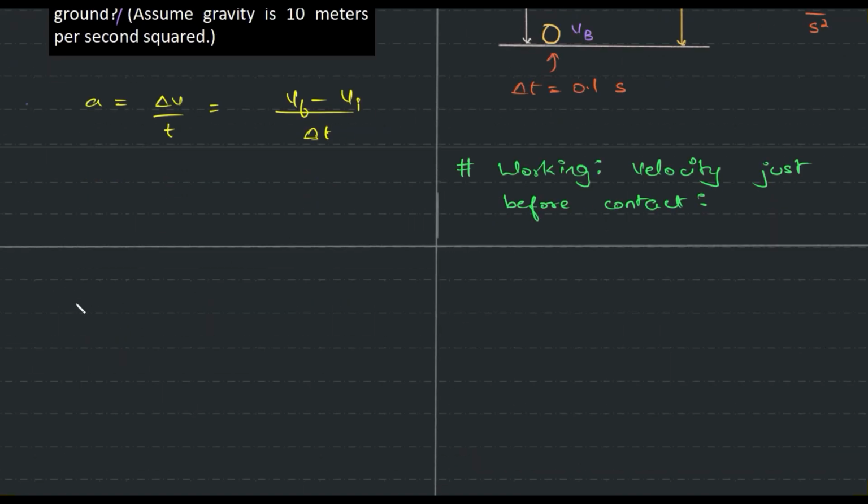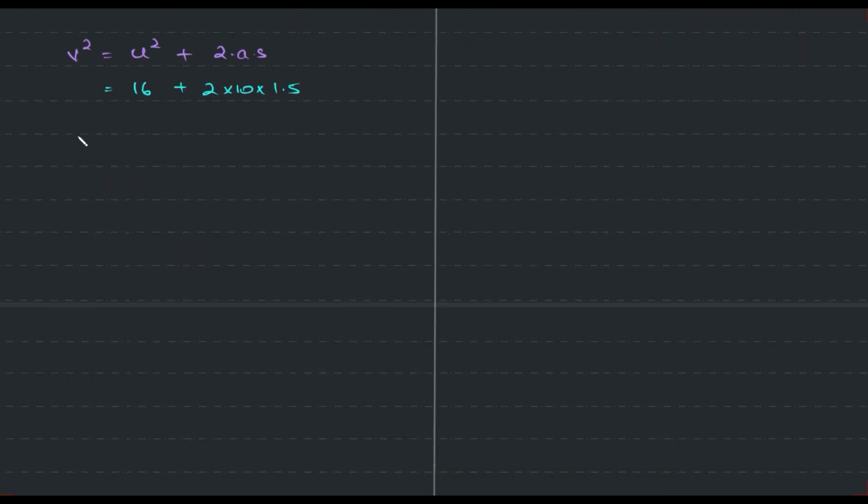So we have the final velocity, v squared equals u squared plus 2as. I think we can use this. So this is 16 and this is 2 into 10 into 1.5. That's it. So we know v would be equal to the square root of 46.